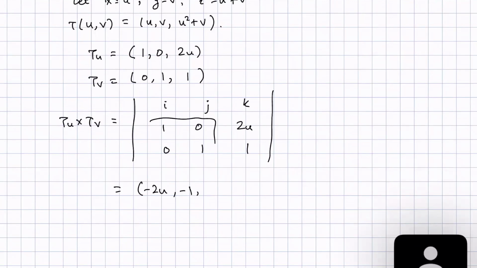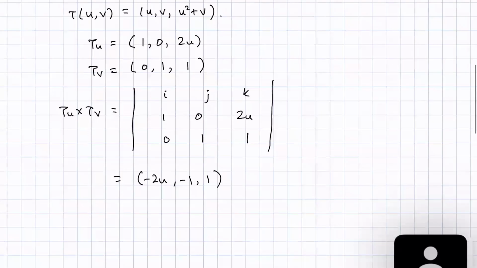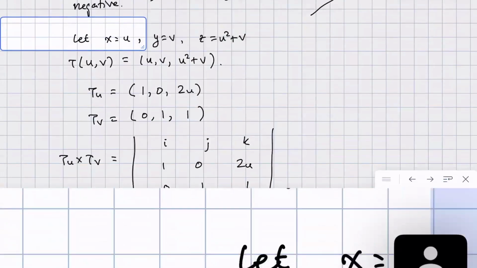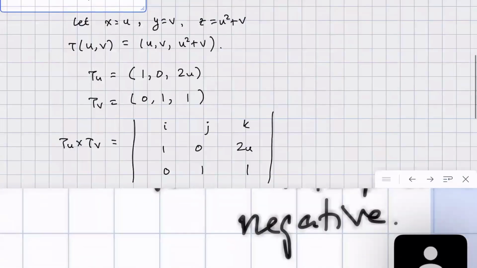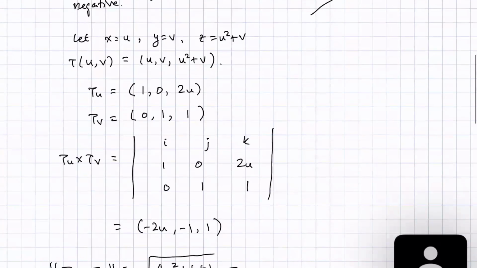And the k coordinate looks like this, so that's equal to 1. Now T_u cross T_v in norm is equal to the square root of 4u squared plus 1 plus 1, which is the square root of 4u squared plus 2.